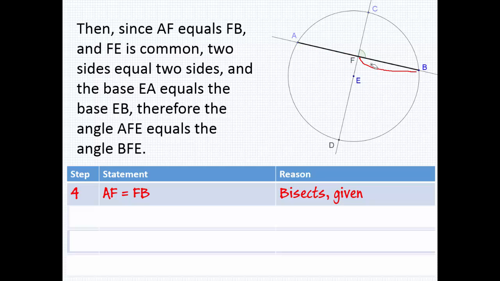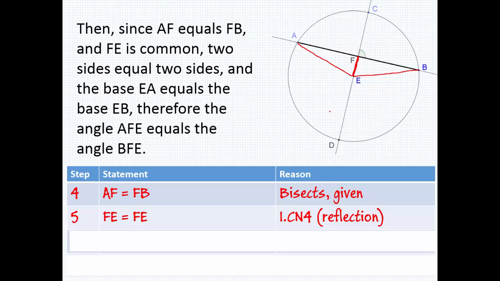And again, here you can see that Euclid is building up two triangles. FE is common to those two triangles. We might say that FE and EF coincide, which is a reflective property. Maybe we could put Book 1, Common Notion 4 to indicate that that's a reasonable thing to assume.